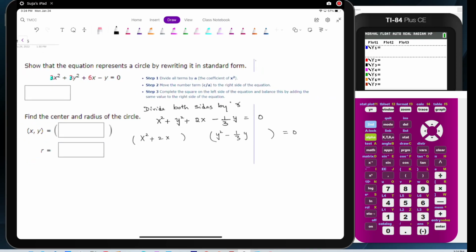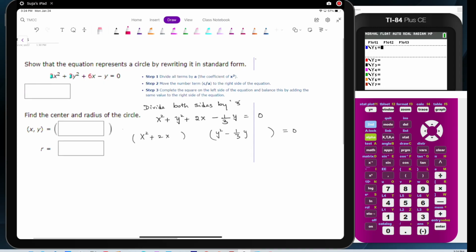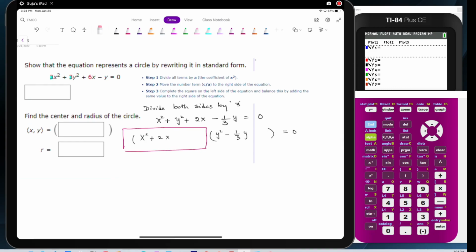Now, in order to complete the square, you will need to take half the coefficient of x for the first piece. So now I'm focusing only on the first x. This is the only place I'm going to focus on. Okay, so the coefficient of x is just 2.